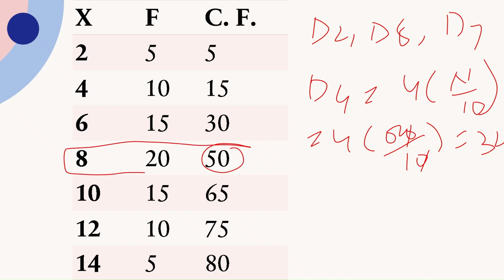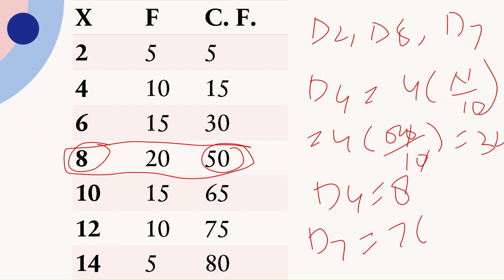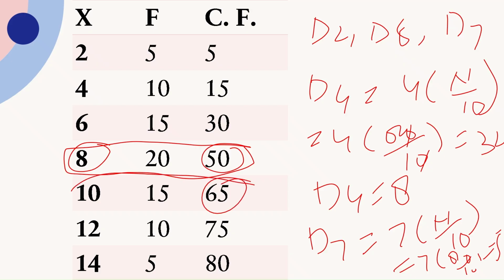Select this class, and the value in X is D4, which is equal to 8. Similarly, for D7 we take 7 times n by 10, which is 7 times 80 by 10, equal to 56. 56 comes in 65. Select this class, so D7 is equal to 10.